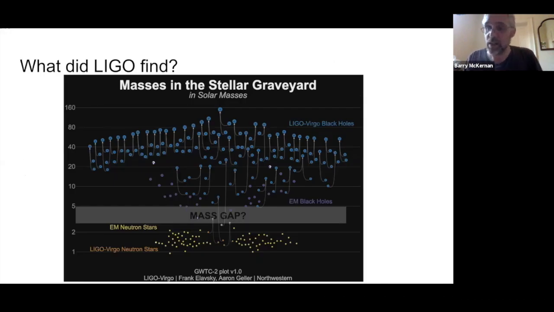What did LIGO find? A whole bunch of black hole mergers. In blue are the LIGO Virgo black holes. I'm going to focus on two of the weird things: the most massive merger that LIGO saw, and the widest mass ratio event in LIGO's results. Okay.